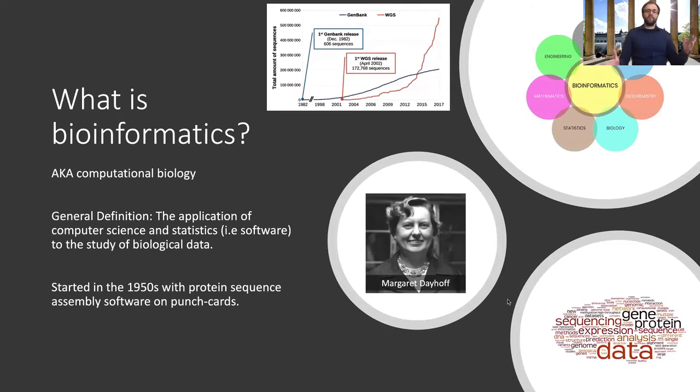So what is bioinformatics? Different people might have different ways of interpreting or talking about bioinformatics. Another commonly used and pretty good descriptive term for it is computational biology. The general definition of it, which I like, is that it's the application of computer science and statistics, i.e. software, to the study of biological data.